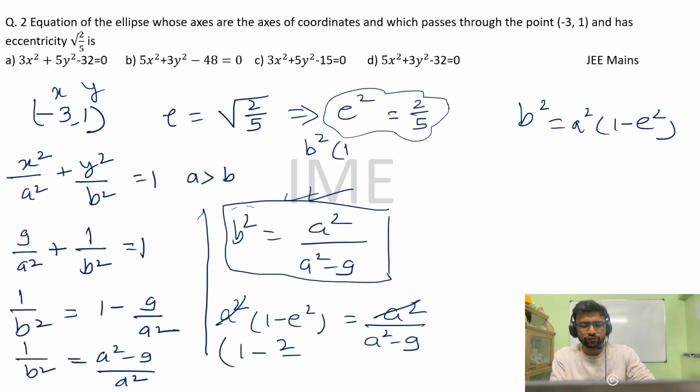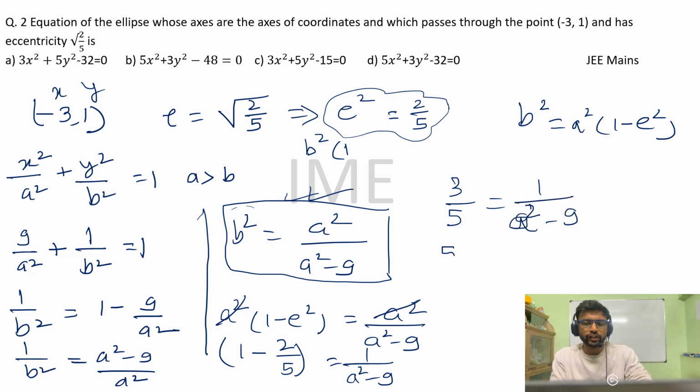So 1 minus 2 by 5 is equal to 1 upon a square minus 9. So 5 minus 2 is 3 by 5 is equal to 1 upon a square minus 9. If we take the reciprocal, so 5 by 3 is equal to a square minus 9.